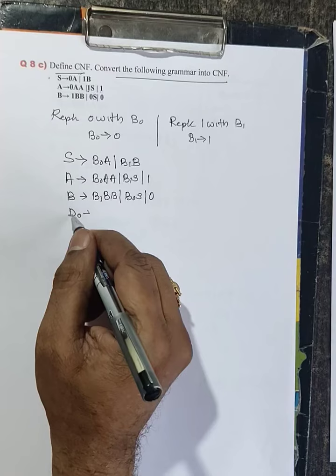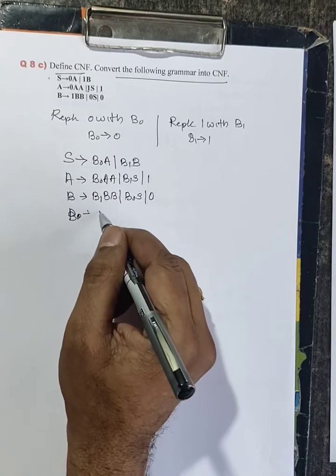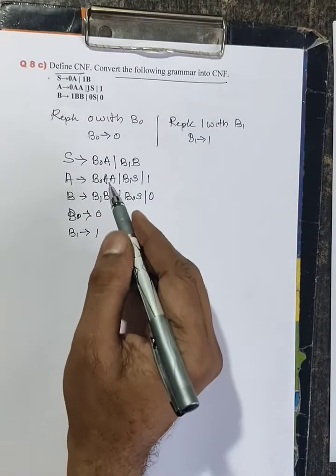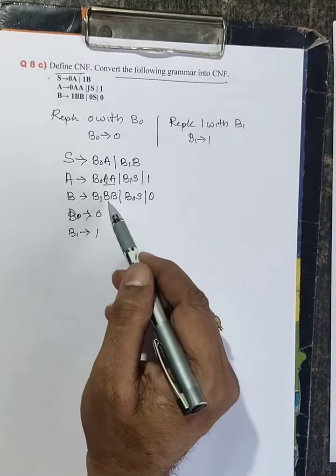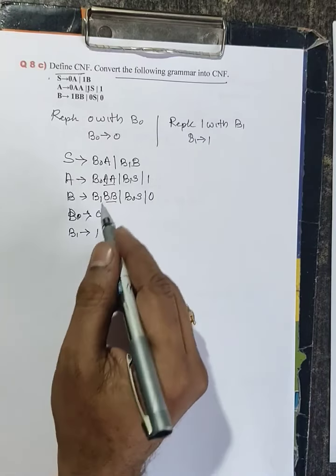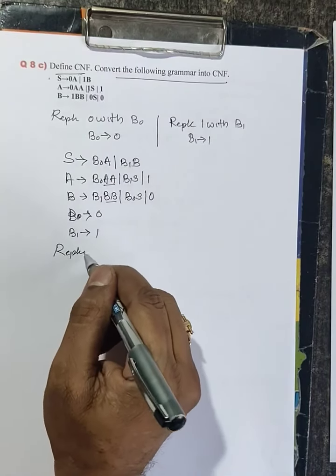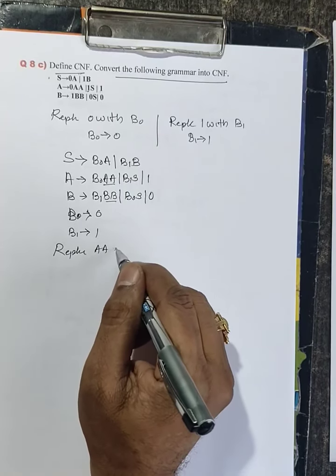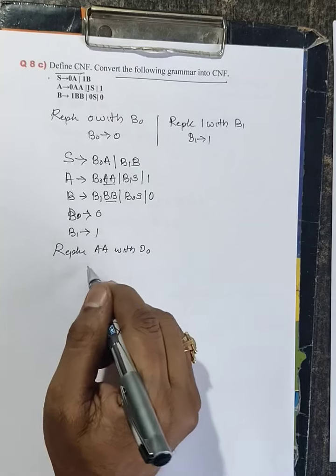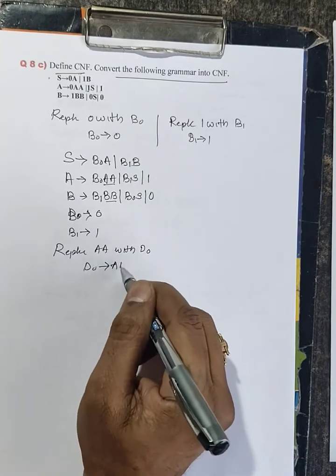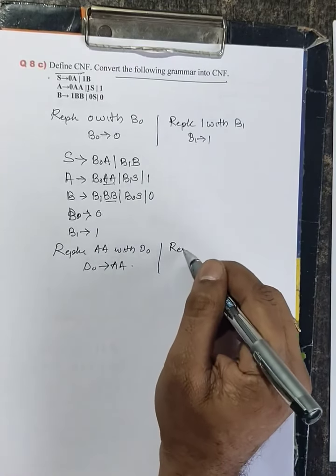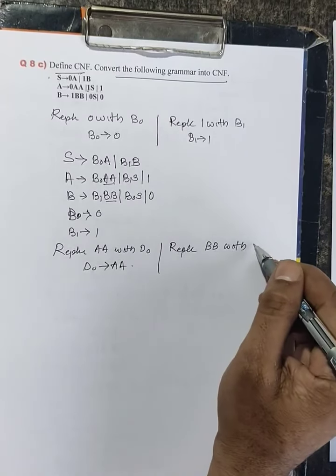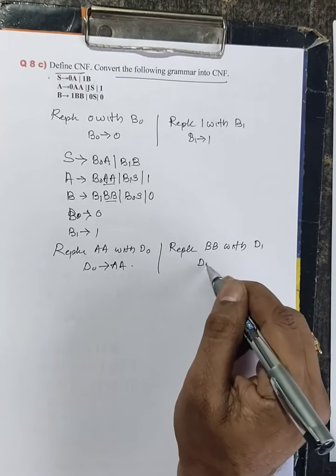Then B0 produce 0, B1 produce 1. Again from this, non-CNF 1 and 2. From this replace again: replace AA with a new variable, replace AA with D0 and D0 produce AA, and replace BB with D1.